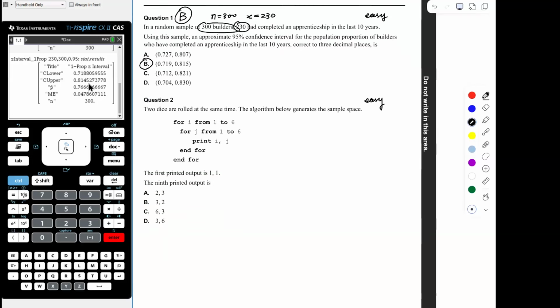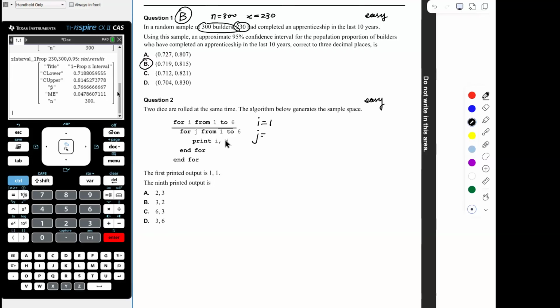Next one is also a lovely pseudocode question. Notice the for loop. The outer for loop is for I from 1 to 6, that's 1, 2, 3, 4, 5, 6. And there is an inner for loop from 1 to 6 for J. Print I first, then J, which means you look at the outer loop. You start from I equals 1.